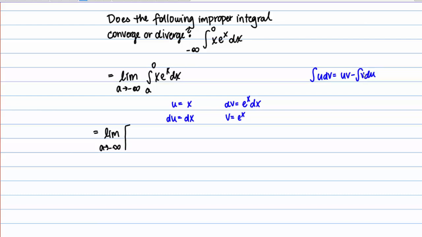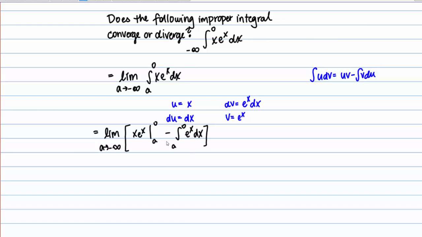And then I'm going to put our integral work just in brackets for now. So I'm going to rewrite this integral as uv, so that's going to be x e to the x, and ultimately we're going to evaluate that from a to 0, minus the integral from a to 0 of v du, which here is e to the x dx.